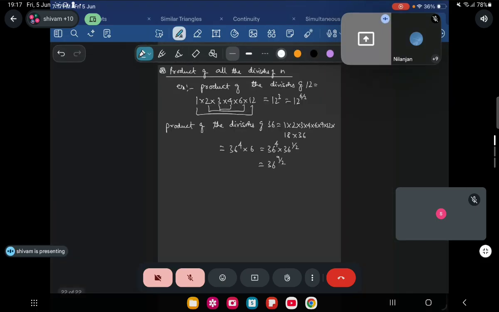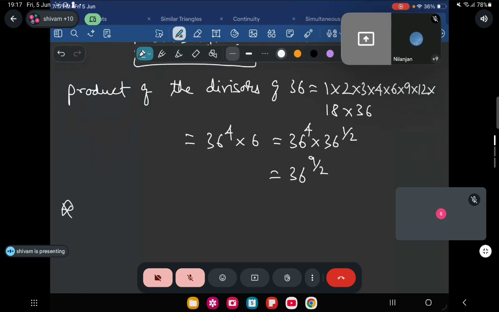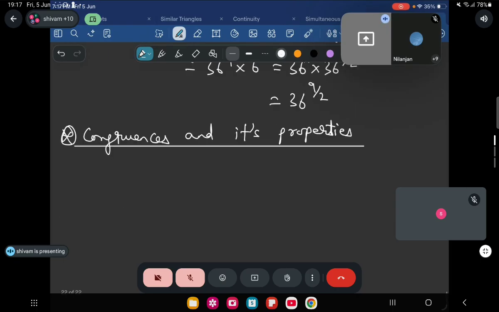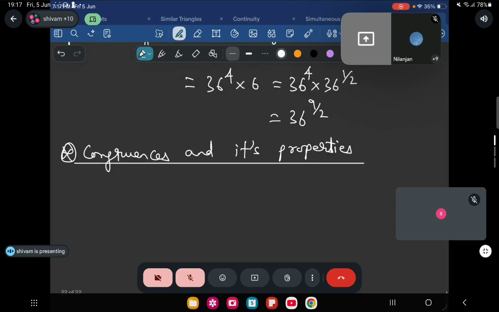Next, our next topic is congruences and its properties. Everyone pay attention from the very beginning, okay? Because those who haven't done congruences with me yet, you need to pay more attention.